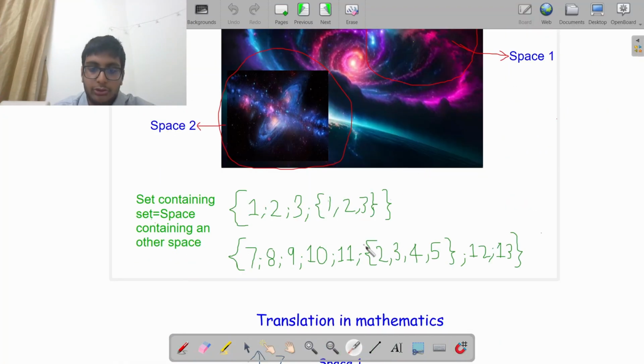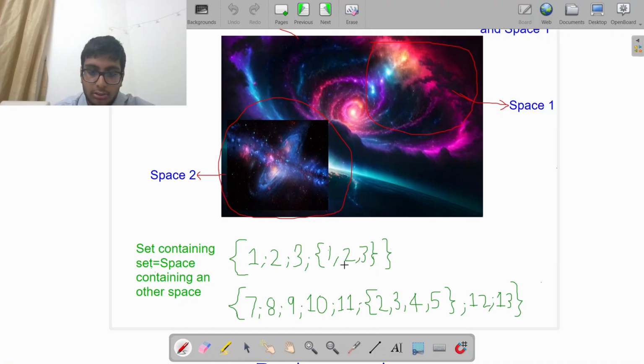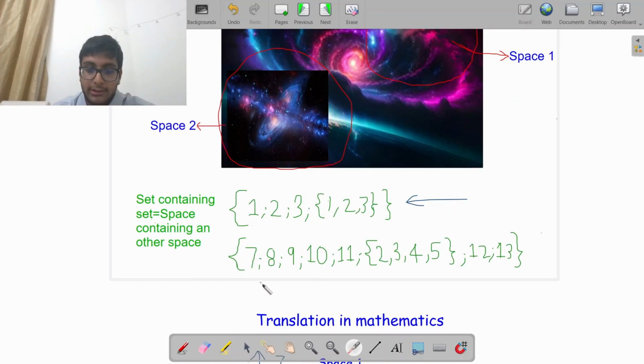And this is how I'm showing you this. For example, if 1, 2, 3 and this space information, which is in another bracket, 1, 2, 3, is given, then this is how we represent it. Same with this case.